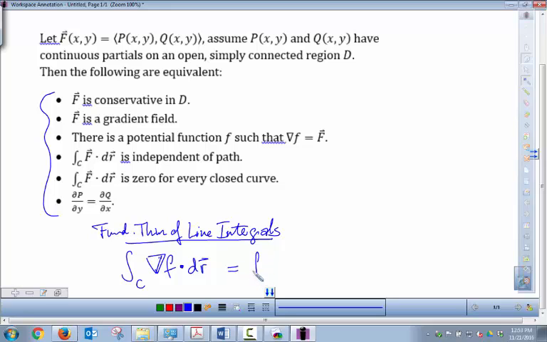Then this is equal to f of r of b minus f of r of a, where this is the start point and this is the end point.